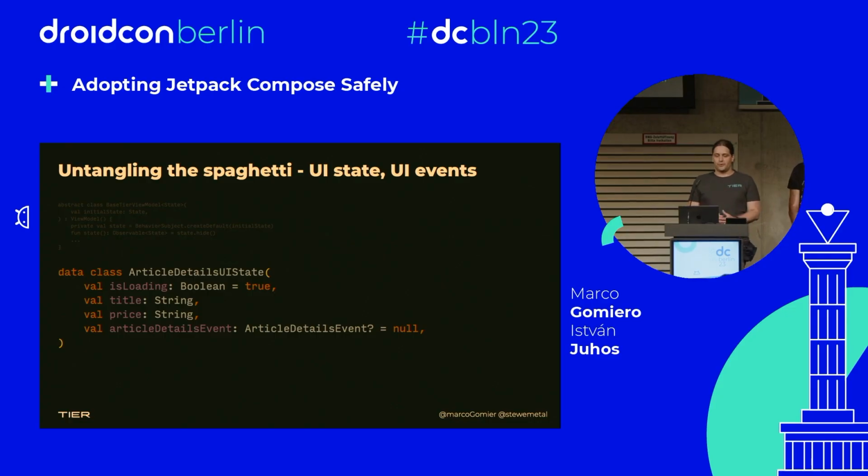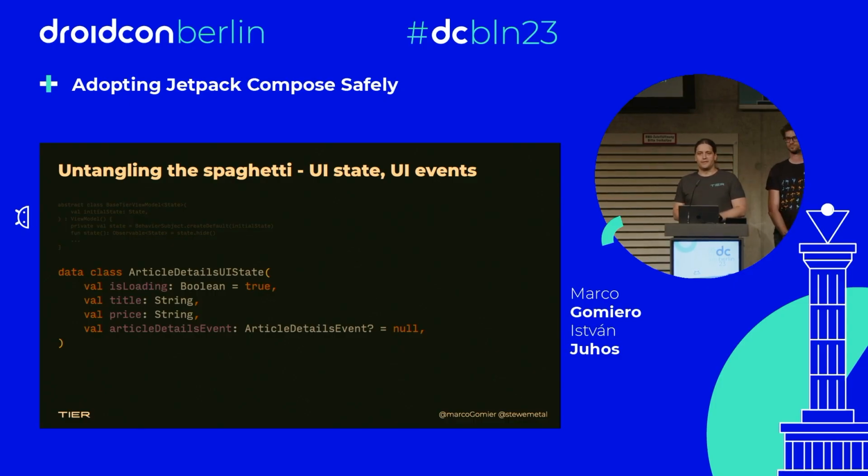With this approach, we reached a quite comfortable place where we could represent our UI state with one data class, or a sealed class hierarchy if the state was complex enough. As you can see, the state is neatly in one place.